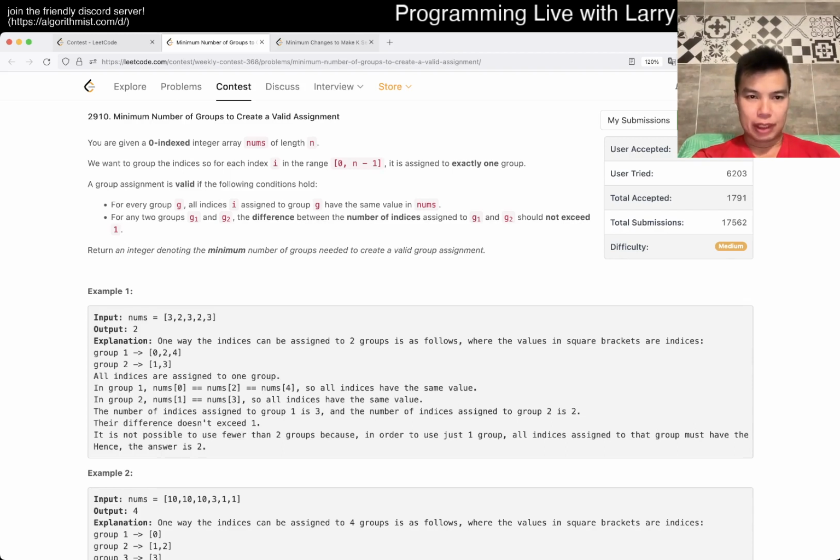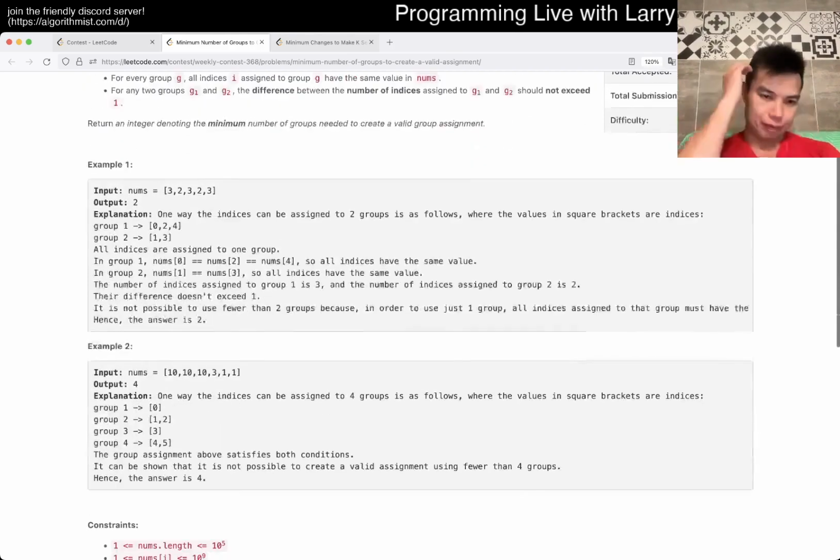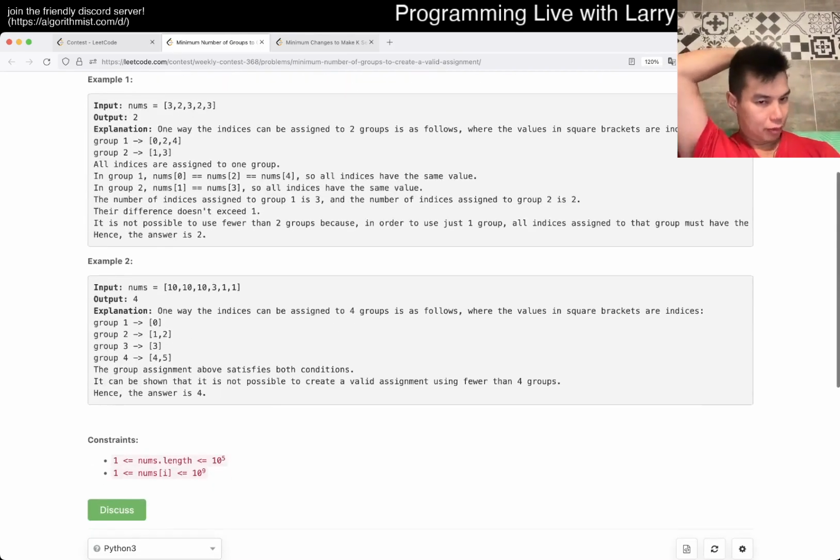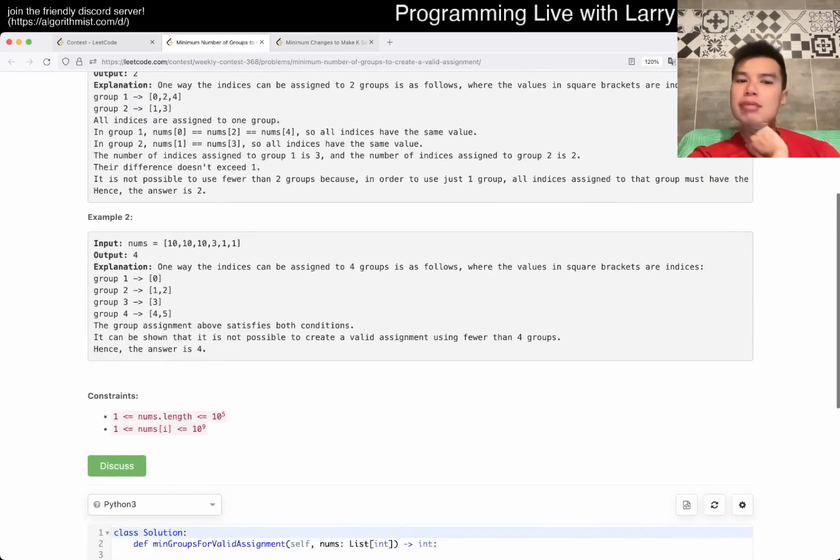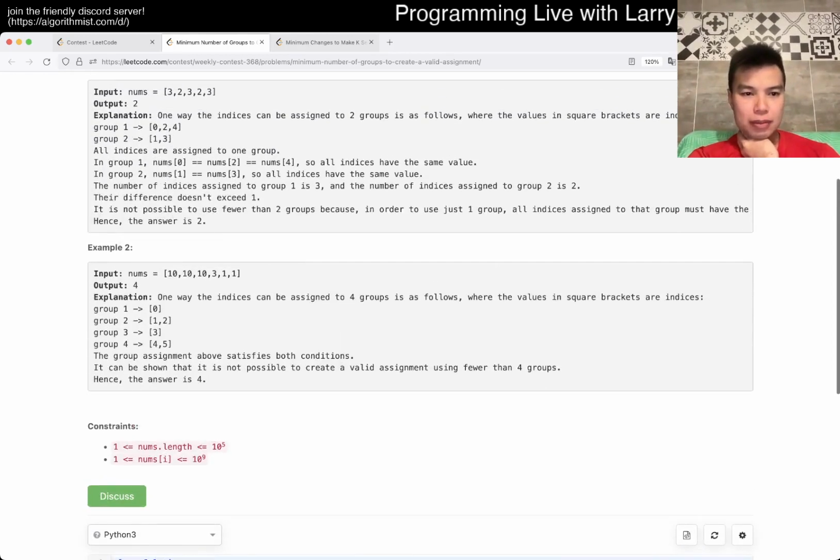For every group G, all indexes are the same, okay. And then after that, okay. Group 1 is 0, group 2 is 1 and 2, okay.